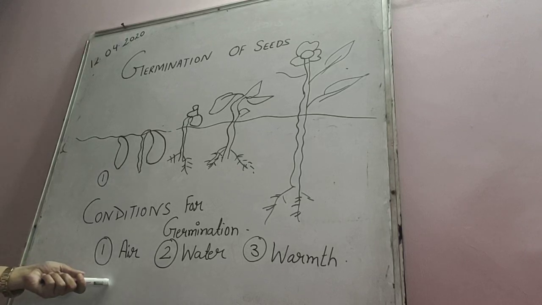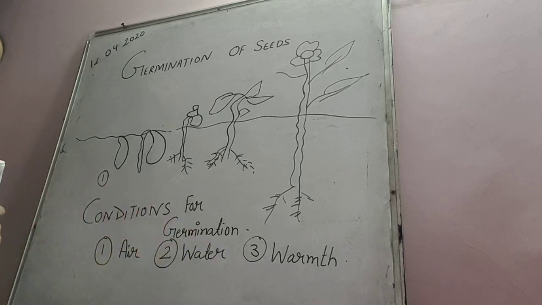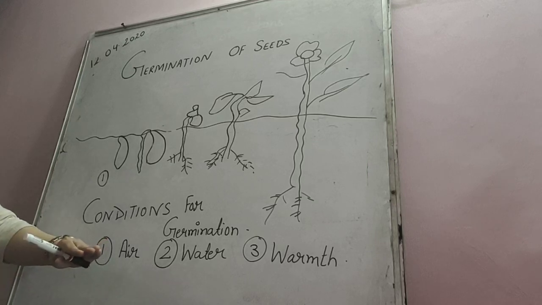Now, you are giving air and warmth to the seed, but there is no water as the cotton is dry. As a result, after 2 or 3 days, your seed will decompose.